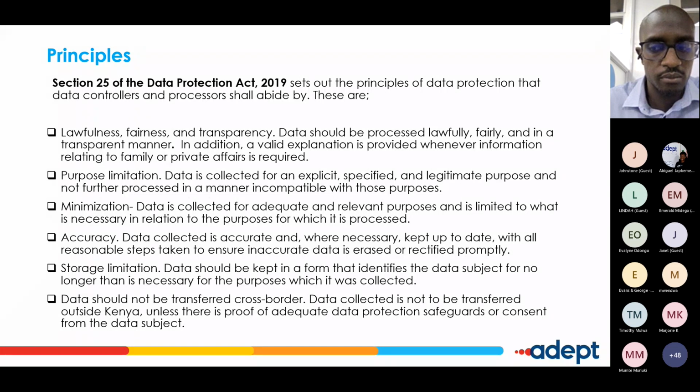Then you also need to provide a copy of your incorporation documents, then particulars of the data controller or processor. This includes the name, address, and contact details of your company. Then you also need to give a brief description of the purpose for which this personal data is going to be processed, and a description of categories of personal data being processed.